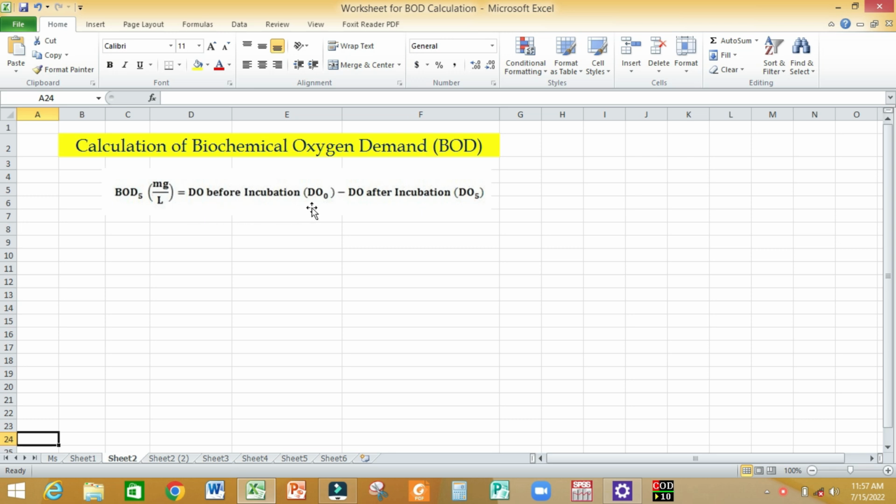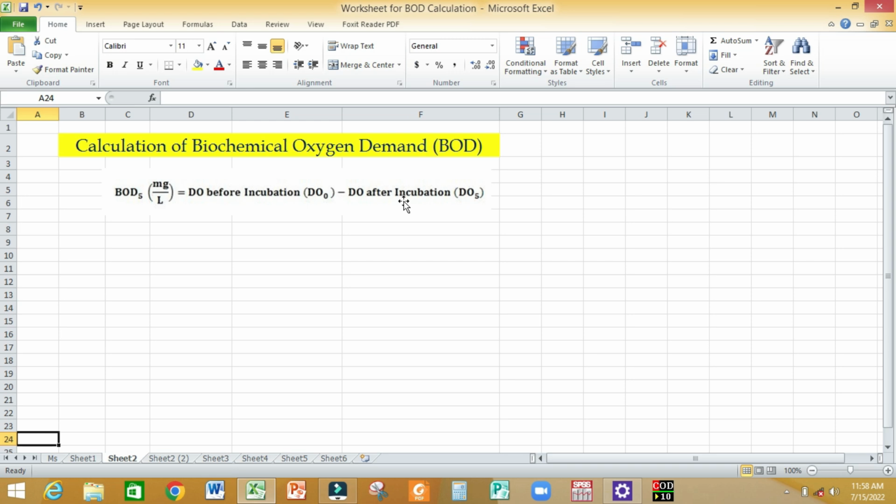So this is the formula for BOD, where BOD is equal to DO before incubation minus DO after incubation. And as already explained earlier, the DO before incubation is the dissolved oxygen content of the samples which was analyzed immediately after the samples had been collected, and DO after incubation is the DO content of the samples after the samples have been incubated for 5 days in a BOD incubator.